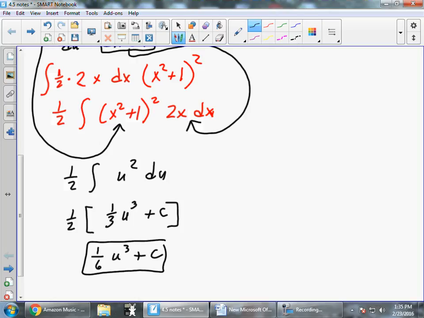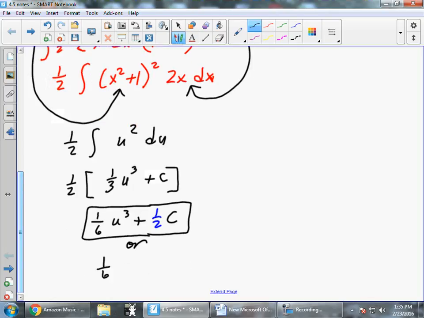Oh, great point. C is a constant, so you can say half C or you can just say C. Since it's a constant, it really doesn't matter. 1/6 u cubed plus C is equal to half C in essence because we don't know what it is.